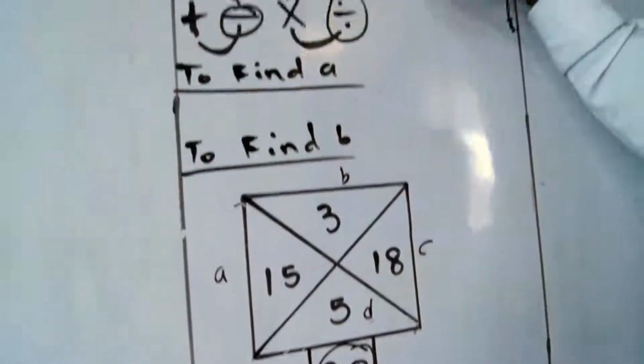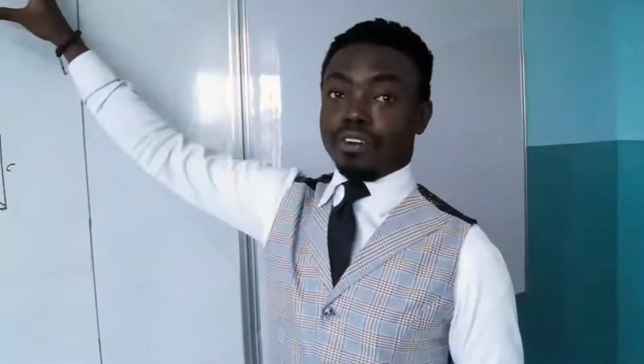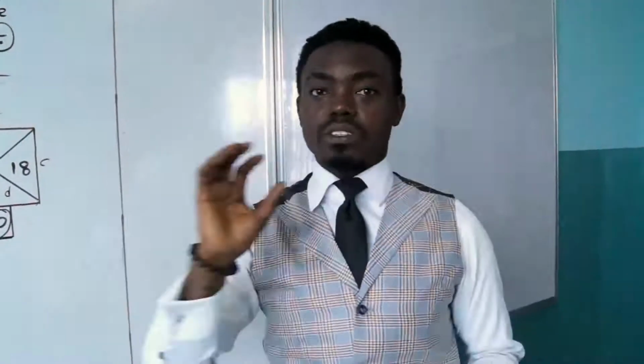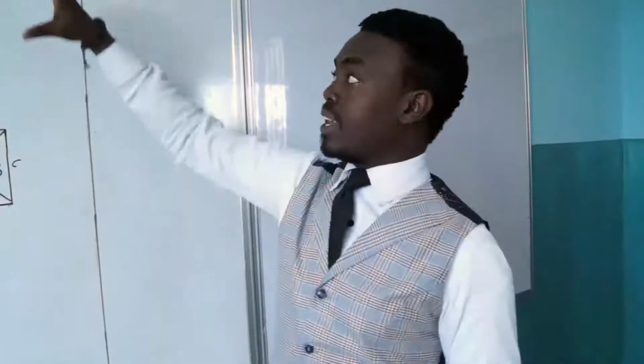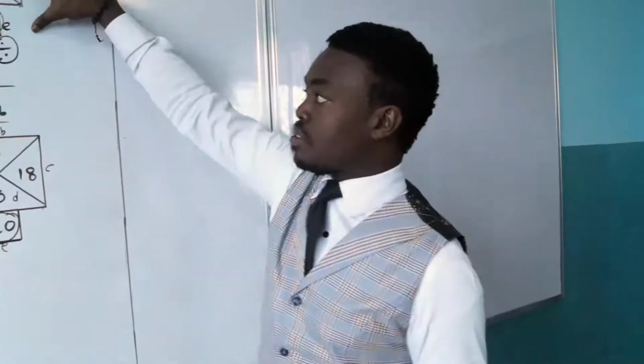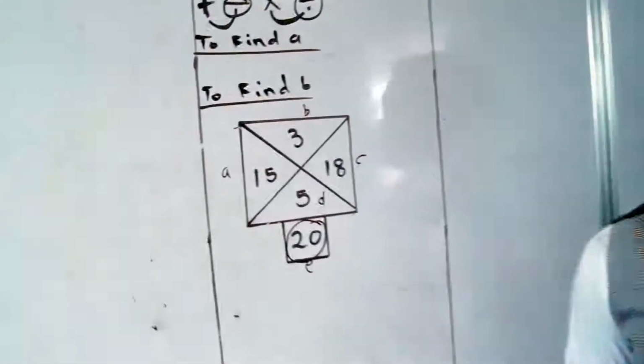If the operation you apply here does not work here, that means you've not been able to decode your work. That means the operation you applied in the first sample is not correct. So you keep on applying until you apply the right operation that can tell you what is going on here and what is going on here.